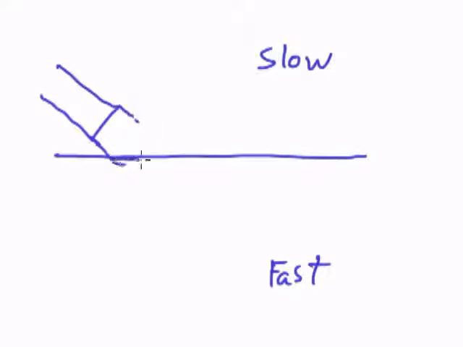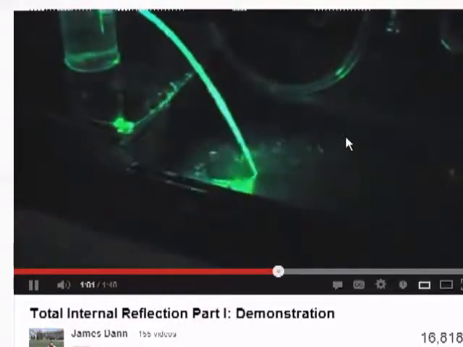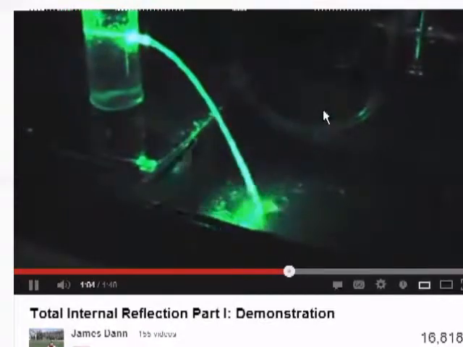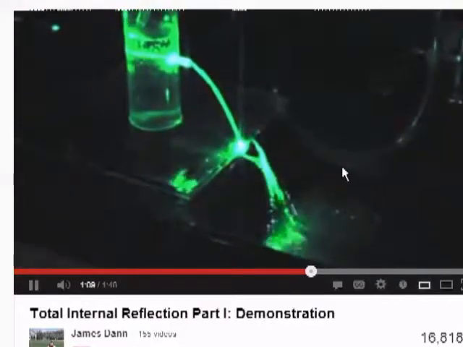But if he speeds up enough, he ends up going just straight that way, and at a certain point, right at that point, is something called the critical angle, and instead of transmitting through the fast speed of light substance, you end up just reflecting back into the slow speed of light substance. Here's a laser going through a stream of water that is totally internally reflecting. So this is kind of how fiber optics work.